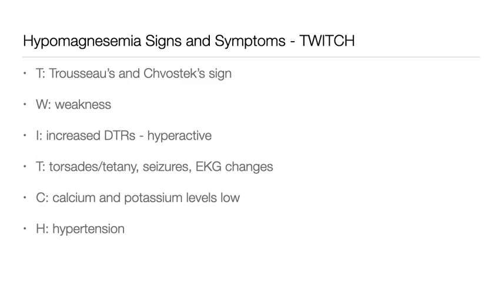You're also going to see weakness, increased deep tendon reflexes. You might see torsades. That's a lethal cardiac rhythm, seizures, or other EKG changes. Calcium and potassium levels, let's reinforce that. So low potassium and calcium, low magnesium. Hypertension also associated with hypomagnesemia. Hypertension because blood pressure regulation, right?